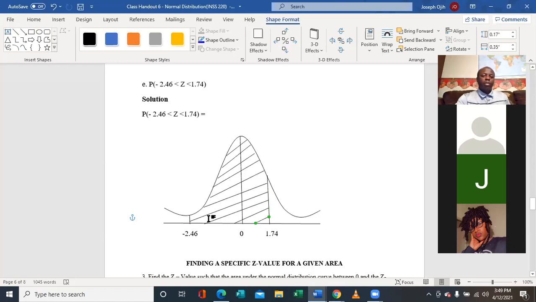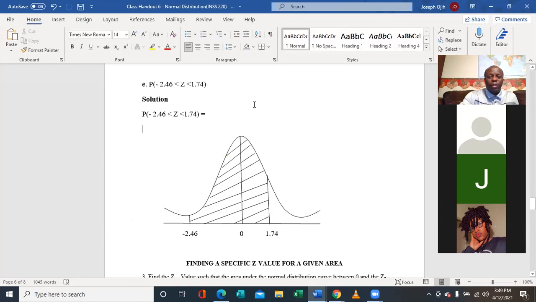So you see between this and that. In that case, that means we're going to find the two areas that represent both of them and then add the areas. Find the area that represents negative 2.46, then this one, then add them. That will give us the area.